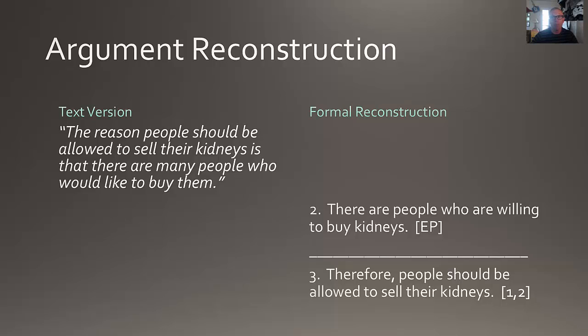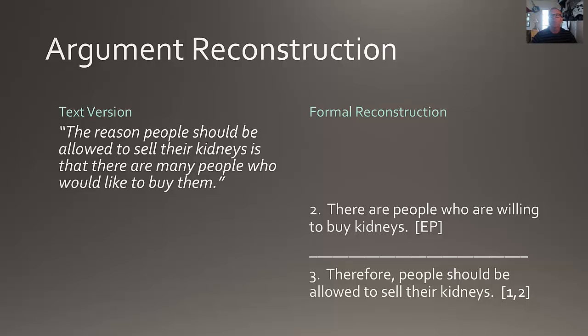It just says there are people who are willing to buy kidneys, therefore people should be allowed to sell their kidneys. There's no connecting principle here that connects up the notion of buying and selling, and it looks like the author has an implicit premise, a general principle that's supposed to apply here and makes this argument valid.